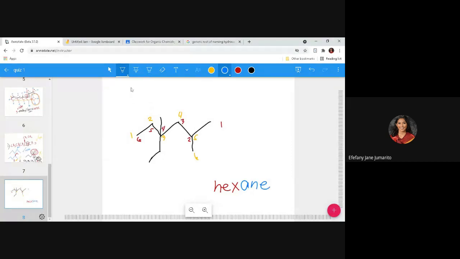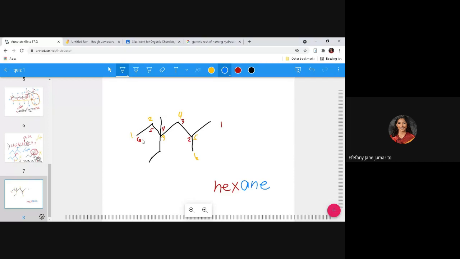Okay, now this time class, let's look for the substituent. Now class, when you name class, remember jud na to make sure that you will have the least substituents, least location of substituents. Okay. Now let's count from yellow.